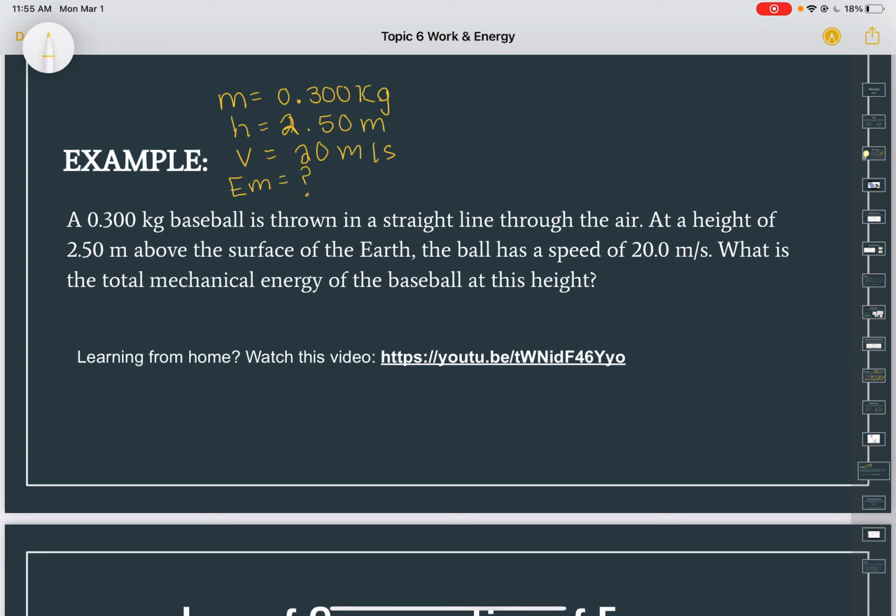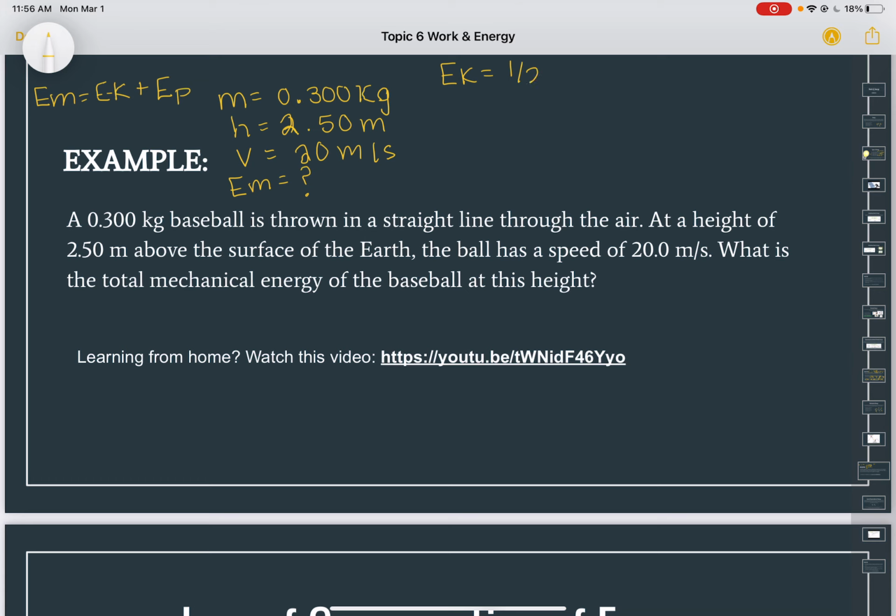So it wants us to find its mechanical energy. Okay. So the first thing that we should note is that we know what the formula is. EM is equal to EK plus EP, because it's potential. And we have some information to figure out both of those things. We have the information to figure out our EK.